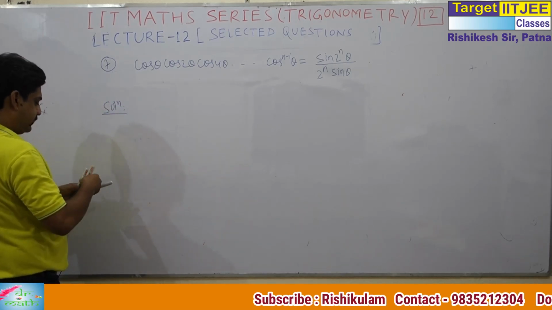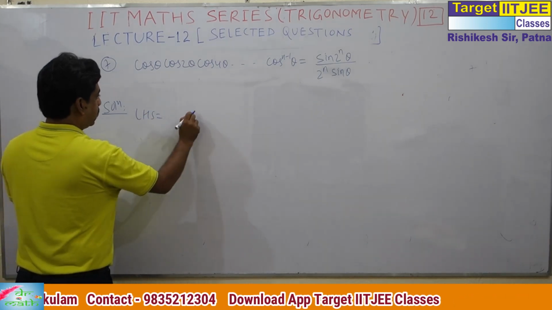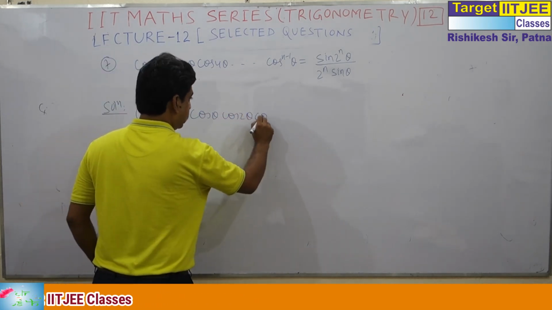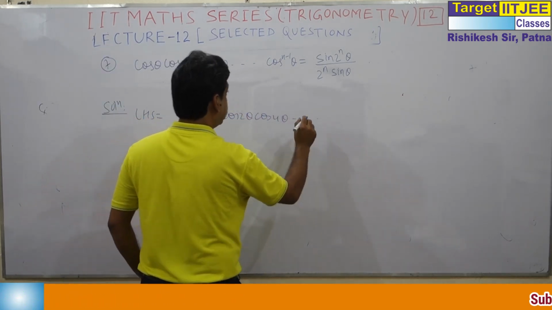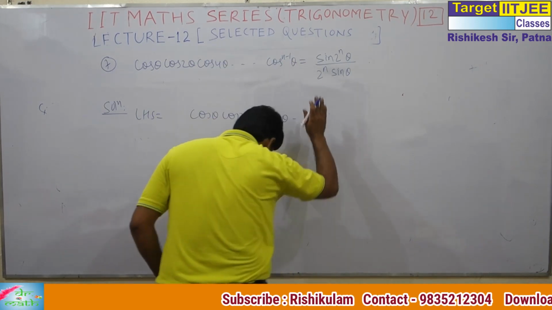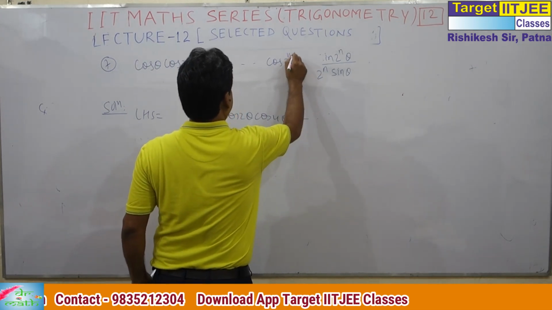Let me give a hint. This is what? Cos theta, cos 2 theta, cos 4 theta, up to cos of, what is the last term? I think I will give 2 to the power n minus 1 theta.